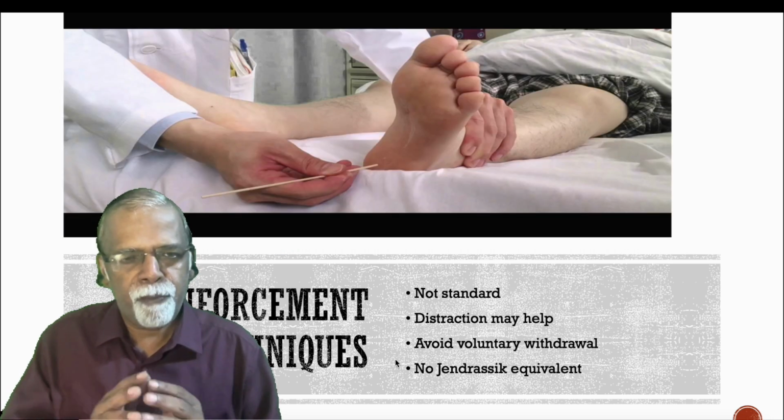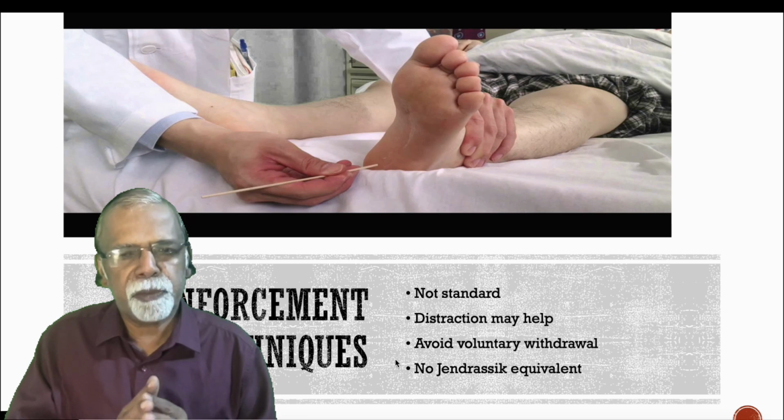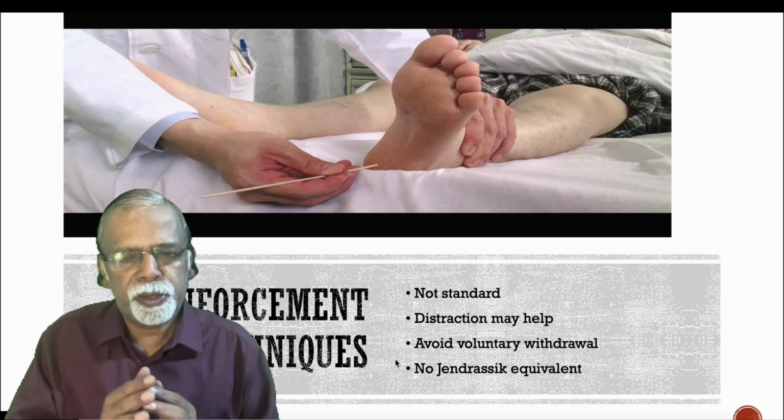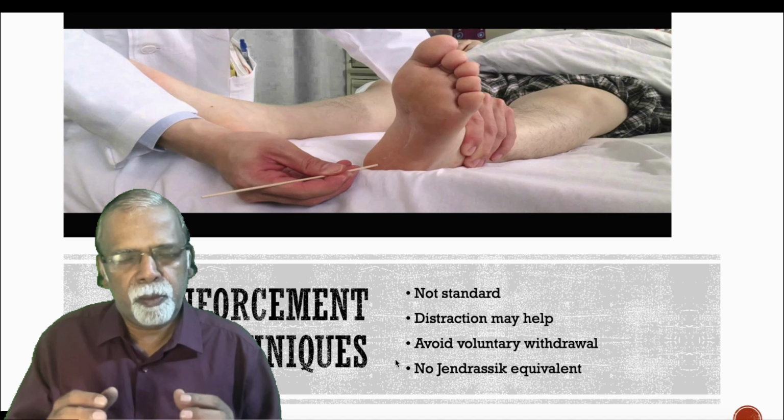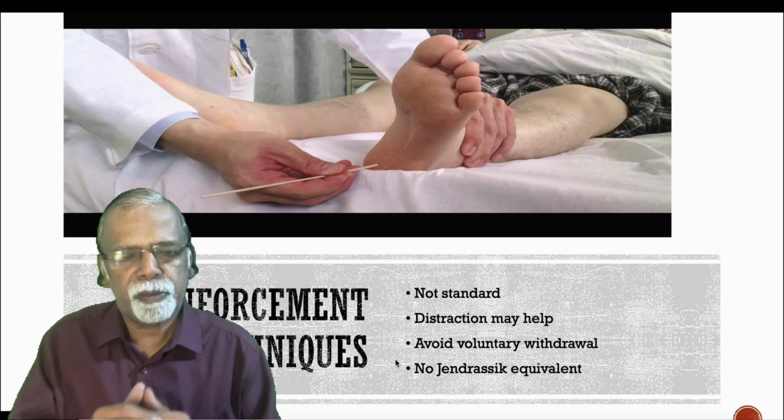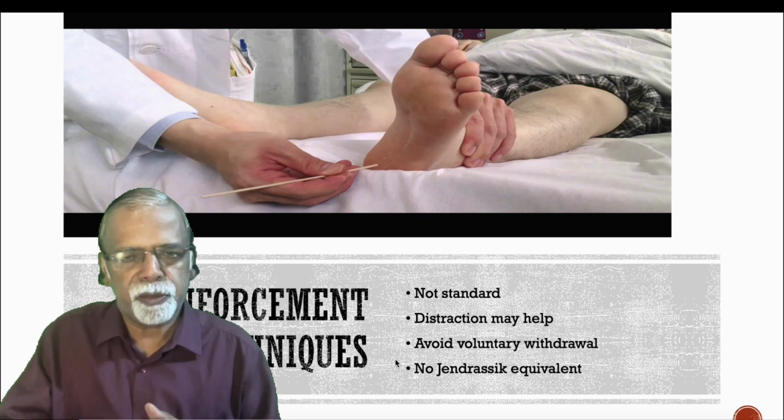This reflex can also be reinforced, but there is no standard method. Distraction may help, or you can use the Jendrassik maneuver by asking the patient to squeeze on something, turning the head to one side, to the opposite side.